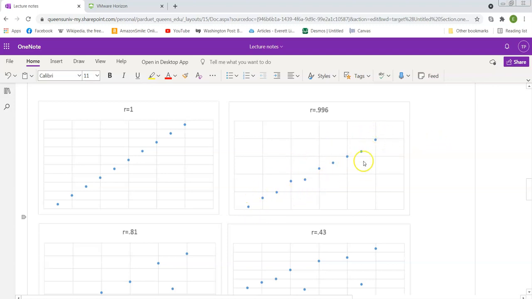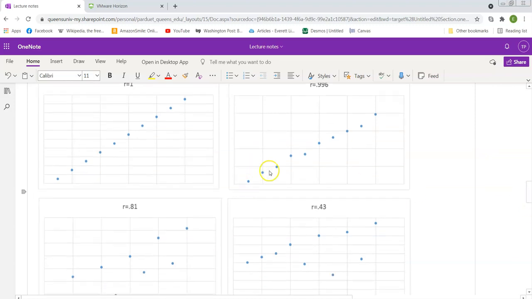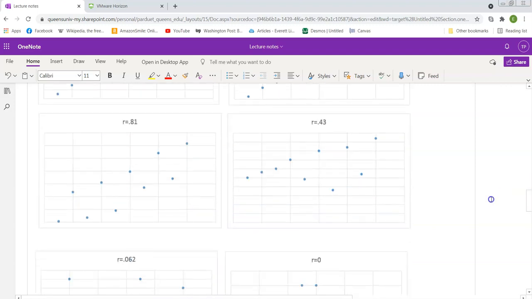So this one is a very strong correlation. You can see a straight line would fit through there very easily. But it's not perfect. It's just very close. And then you can see as this goes on, you get weaker relationships.